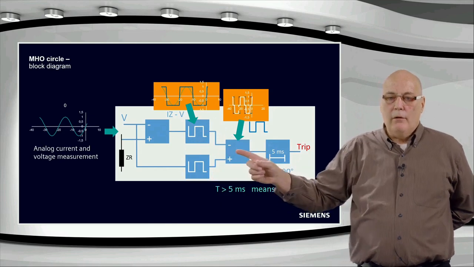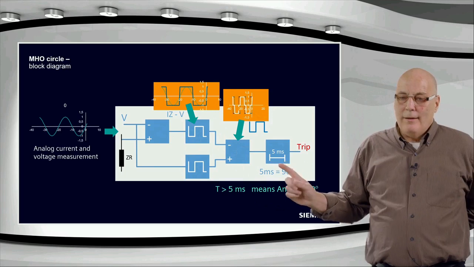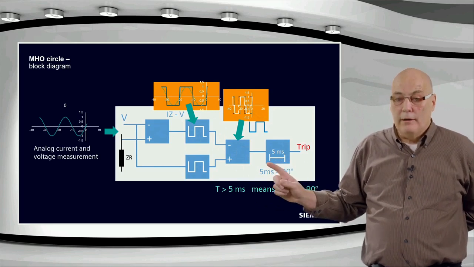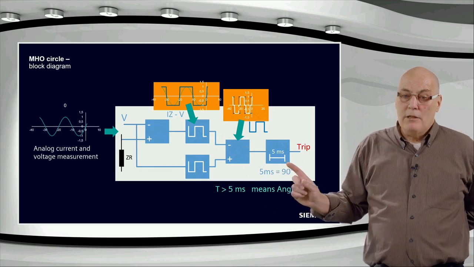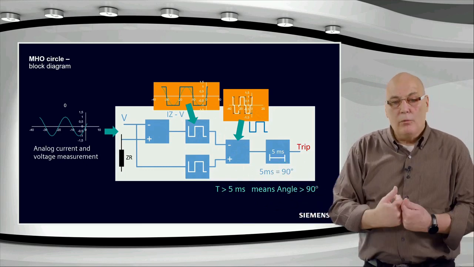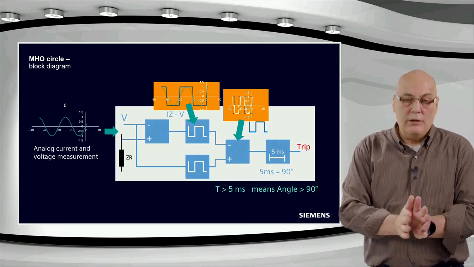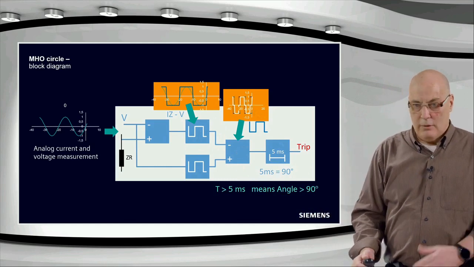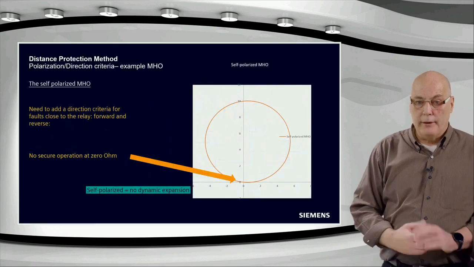Then you do the angle comparison here. If the angle is larger than 90 degrees, the time will be bigger than 5 milliseconds. If the angle is smaller than 90 degrees, it will be smaller than 5 milliseconds. So if the 5 milliseconds expires, then it was inside, it had a large angle. If the time is 4 milliseconds, for example, you won't get a trip. Only when the 5 milliseconds expires are you inside the characteristic. Very simple way of doing that.